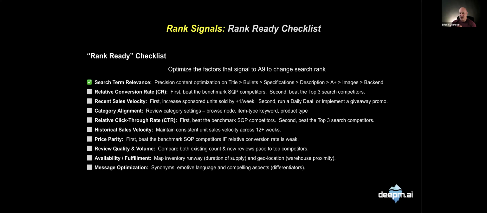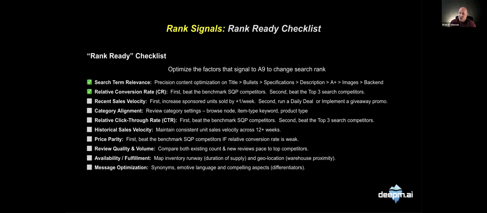There's a lot of different things you can do to precisely refine your content optimization, especially if you're trying to go after a specific search phrase where you have a competitive advantage because you looked at the relative conversion rate and benchmarked it against your competitors.